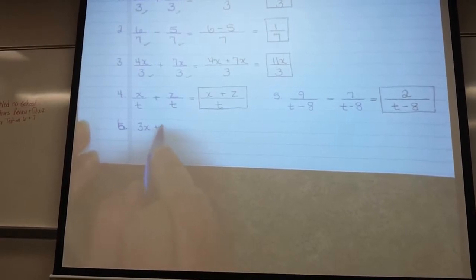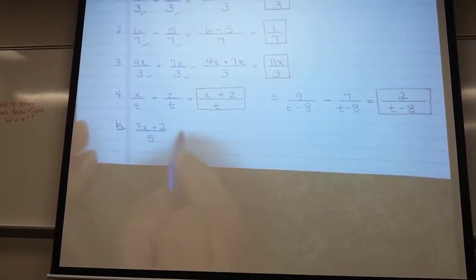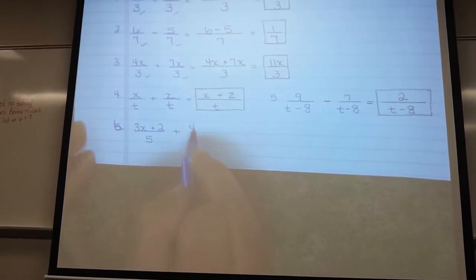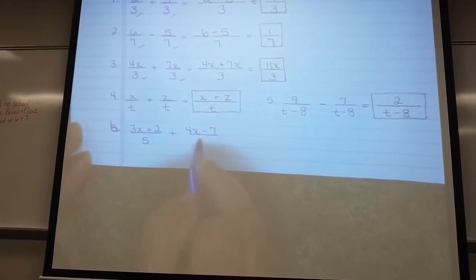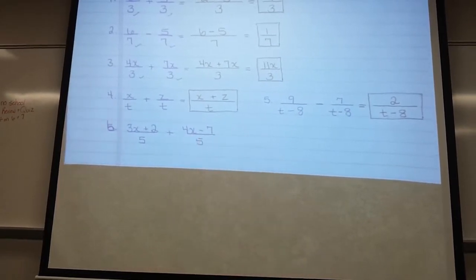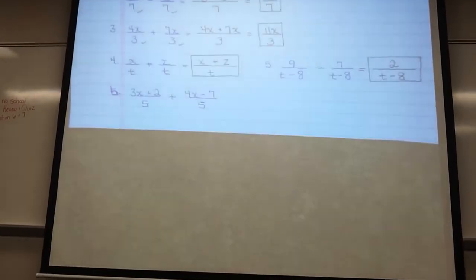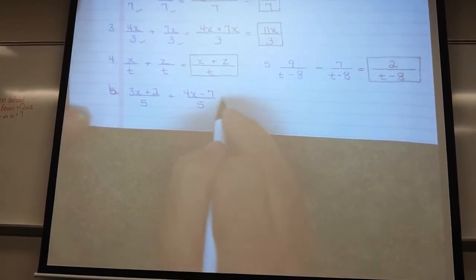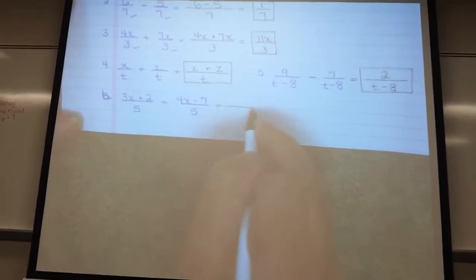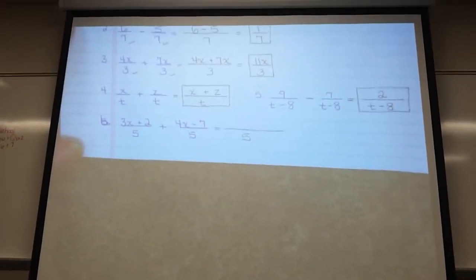3x plus 2 over 5 plus 4x minus 7 over 5. Again, if you need to do that step where you squish it all together, make sure you keep it over 5.